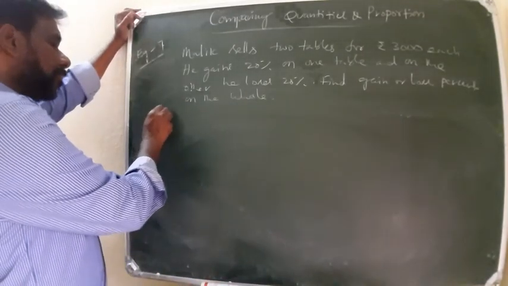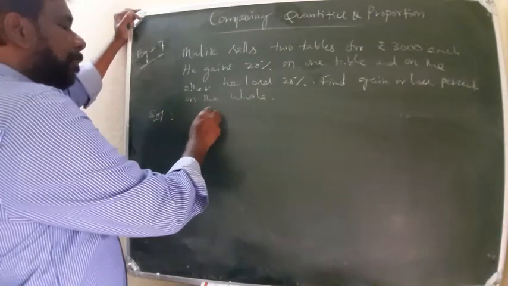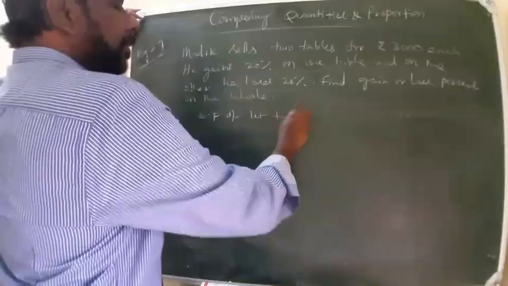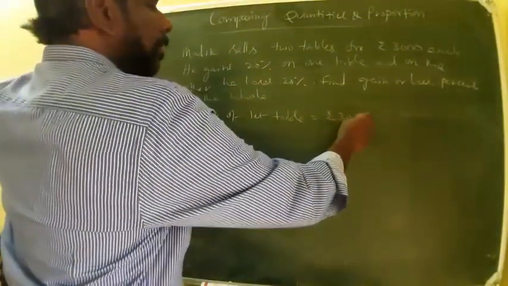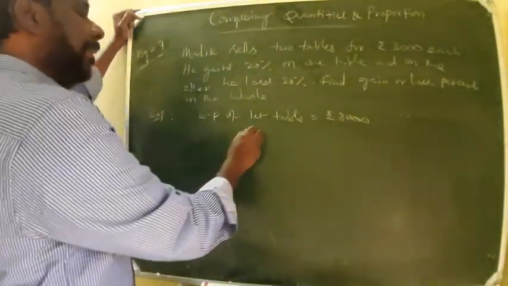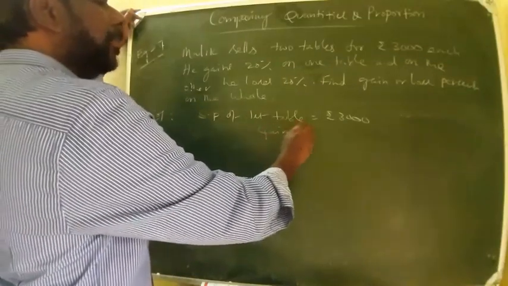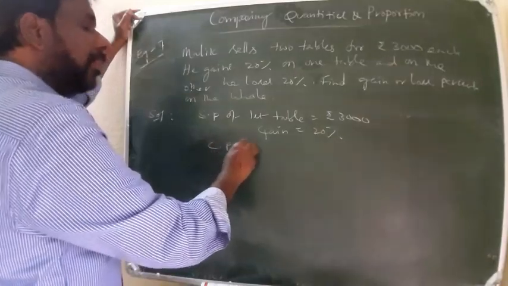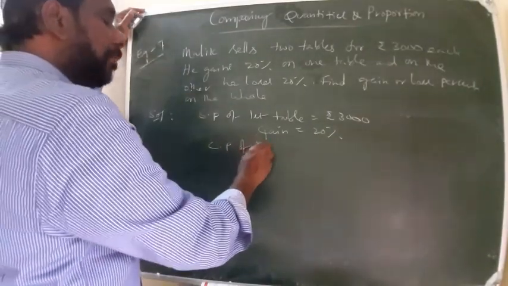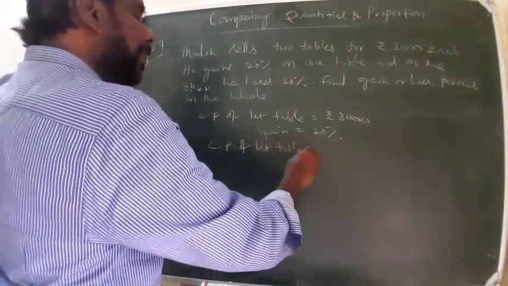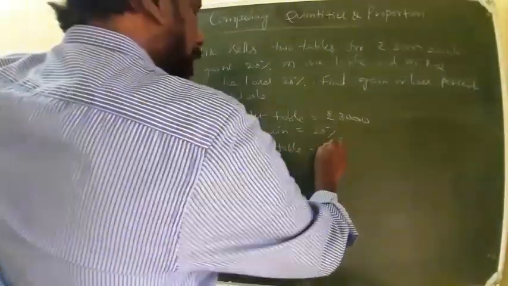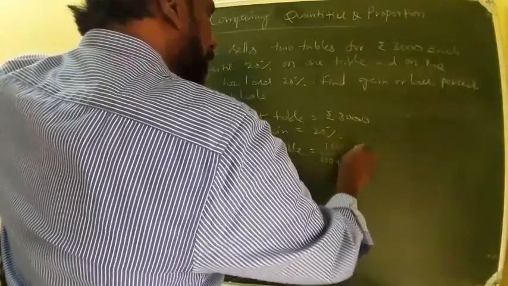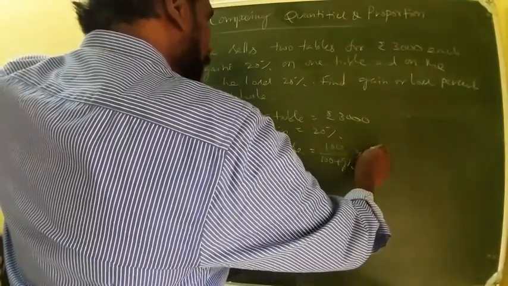So SP of first table is rupees 3000 and first table he got gain 20%. When SP and gain are given, if you want to find CP of first table, the formula is 100 by 100 plus gain percent into SP.